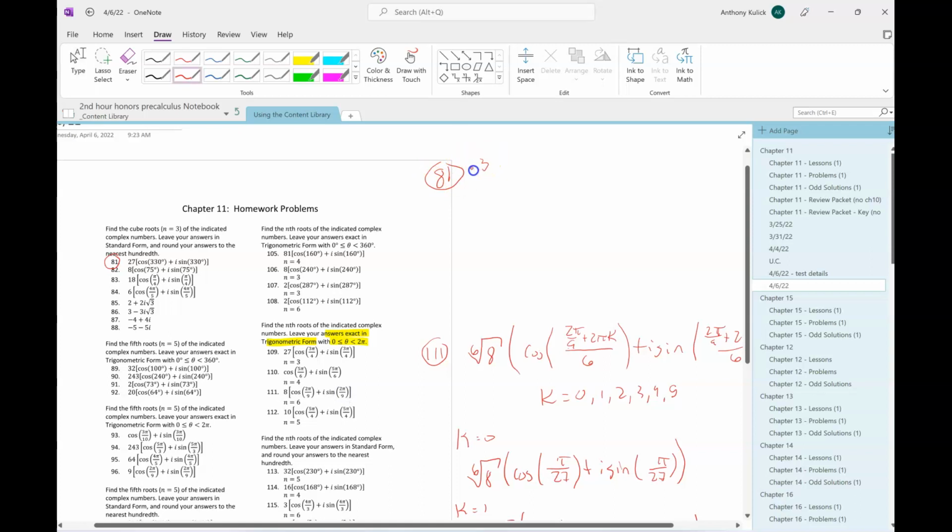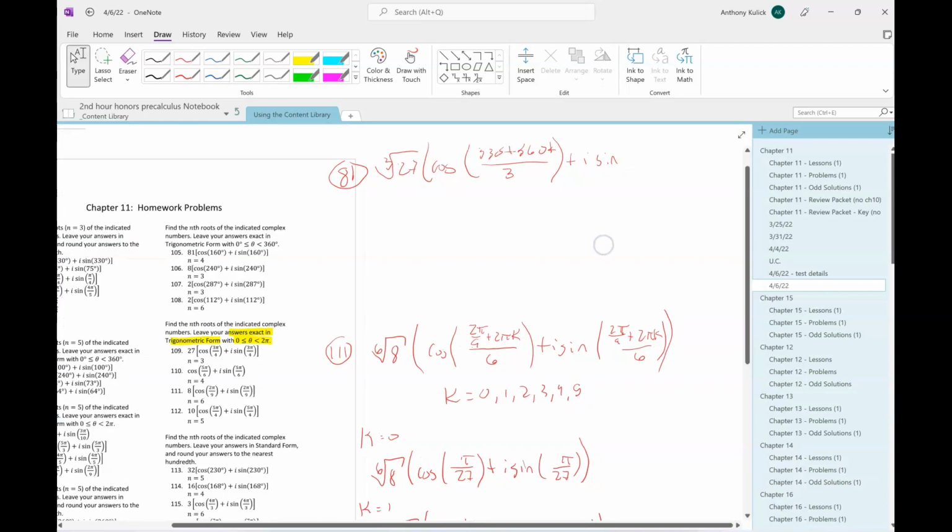So I'm going to have cube root 27 times cosine of 330 plus 360k over 3 plus i sine 330 plus 360k over 3.